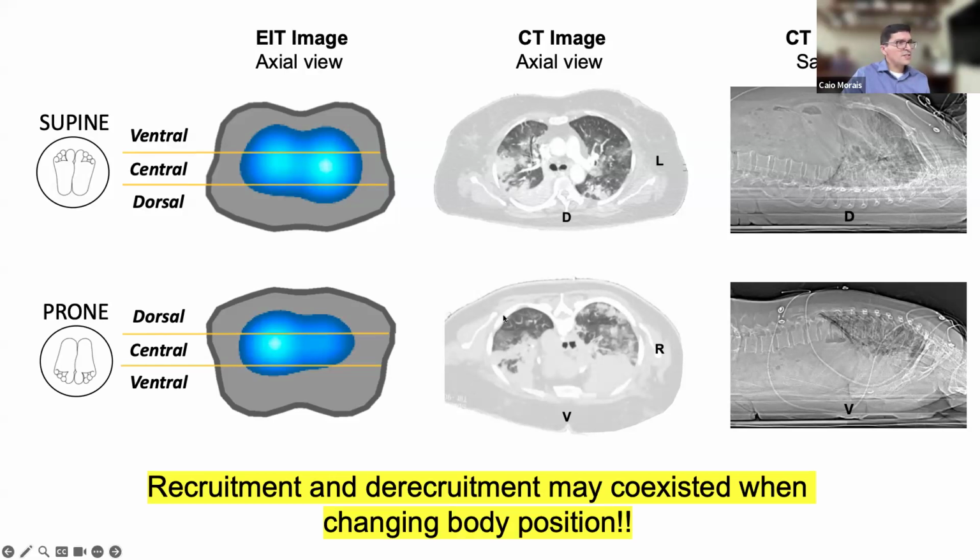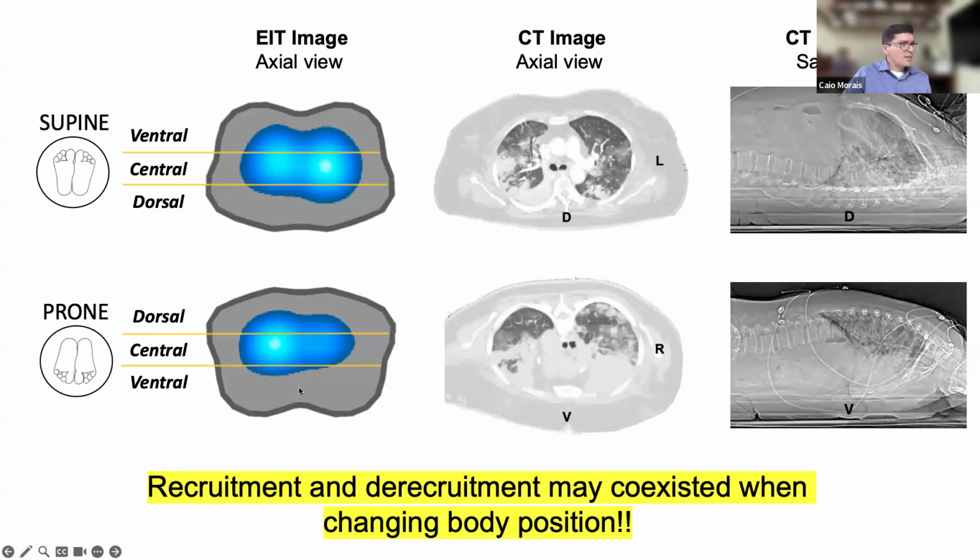Why this image is interesting is because even knowing if the issue is focal or non-focal, and we decide to prone this patient, it's quite impossible to have CT scans for every patient in the ICU before and after body positioning change. And clearly, we lost the ventral part of the lung.